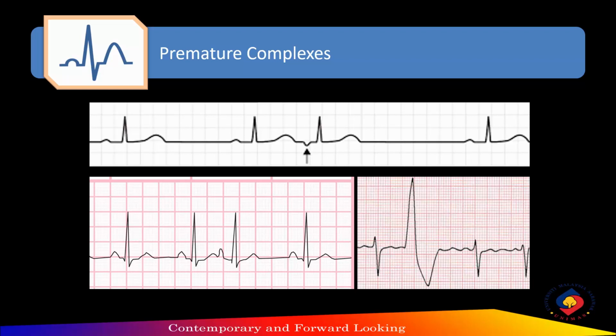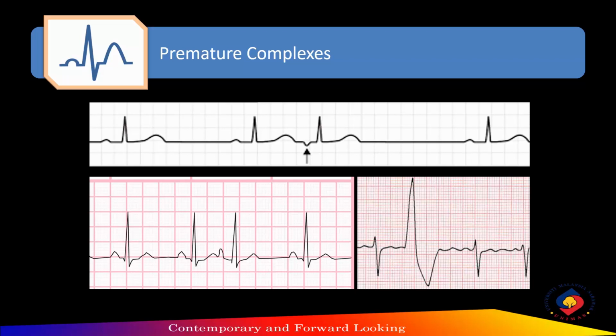Premature junctional contractions, or PJCs, are ectopics coming from the AV junction. Premature ventricular contractions, or PVCs, on the other hand, are extrasystoles which originate from the ventricles. Each of these premature beats can be easily identified based on their unique characteristics due to the nature of where these impulses are generated from.